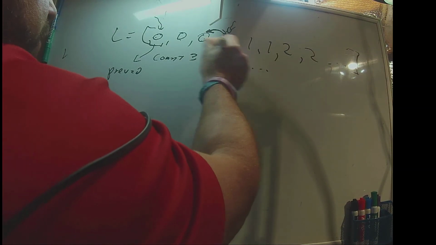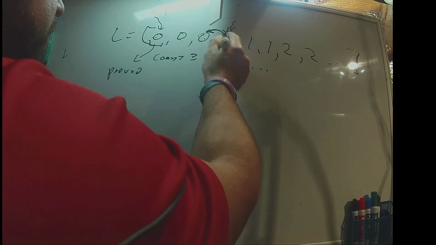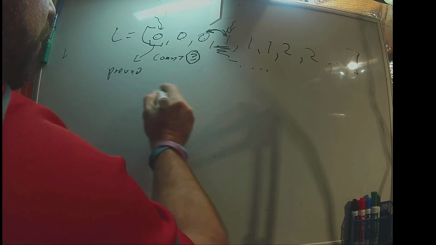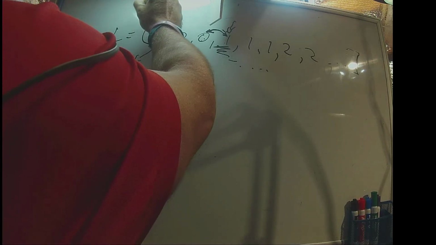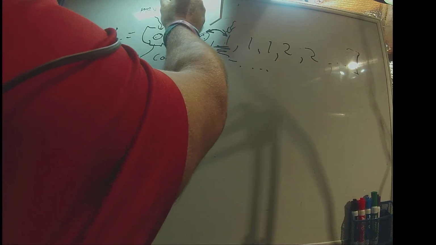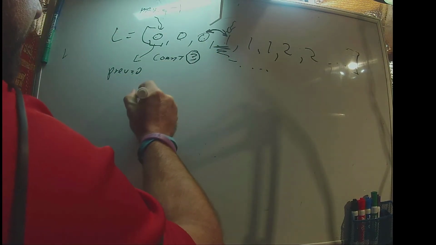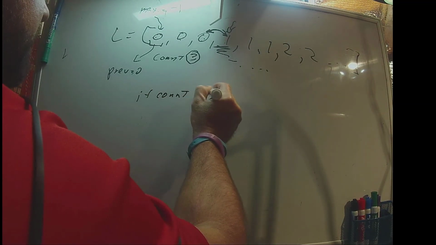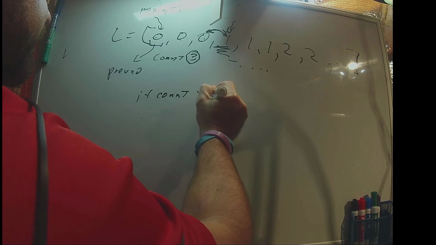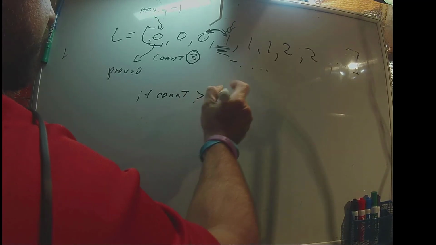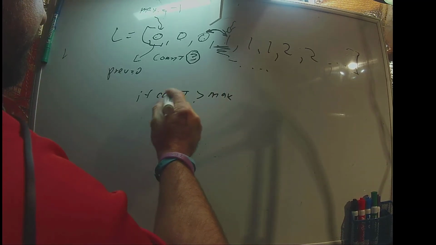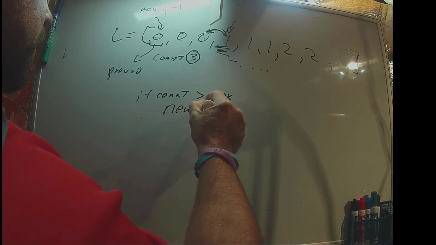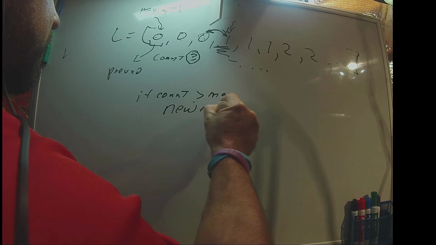We get to a point where we've reached a different value. This is no longer equal to prev, and we would have a max equals -1. We say if count is greater than max, then we want to process a new maximum mode.